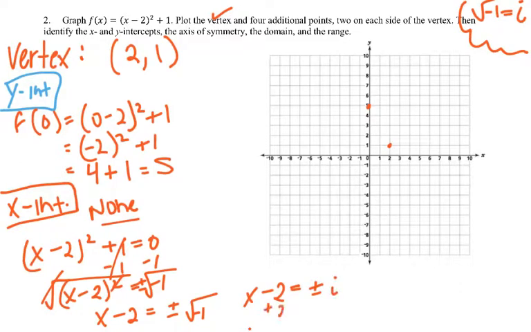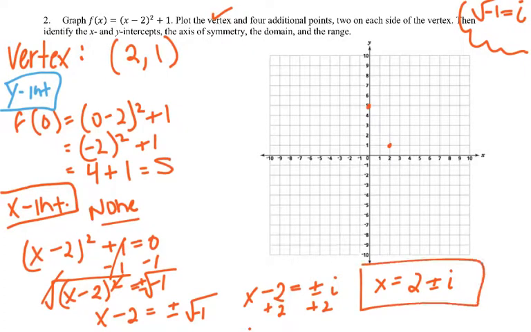Now I can add the 2 to both sides, and so we get that x equals 2 plus or minus i. Okay, i is not a variable, it is a number. It is an imaginary number. So this shows us that there are no x-intercepts because our answer is imaginary.